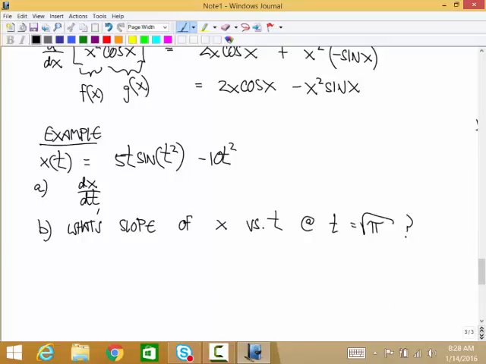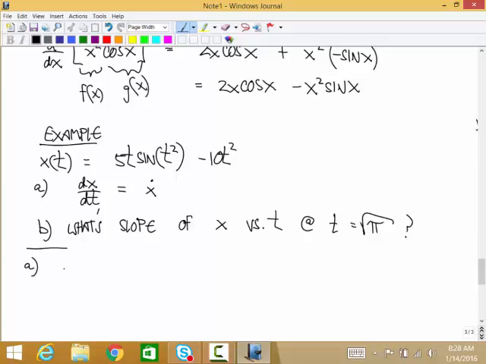So first, to come up with this function dx dt, which, by the way, you would often write x dot, like I was saying before. All right, so we're going to do it in two pieces. The first piece is a function 5t times a function sine of t squared.